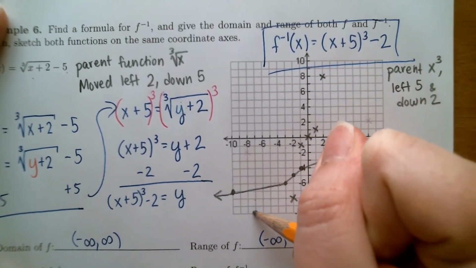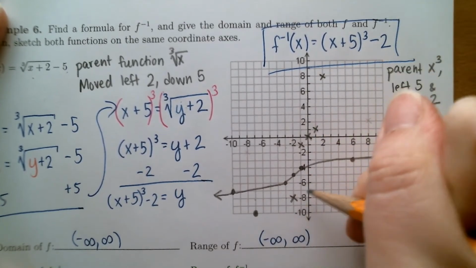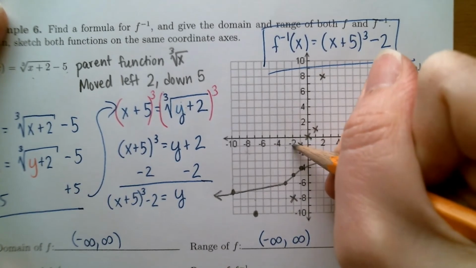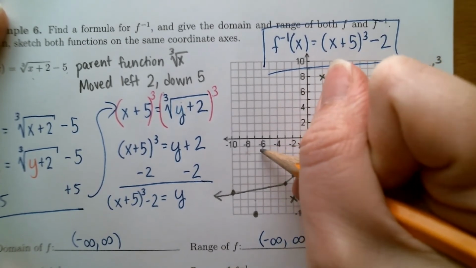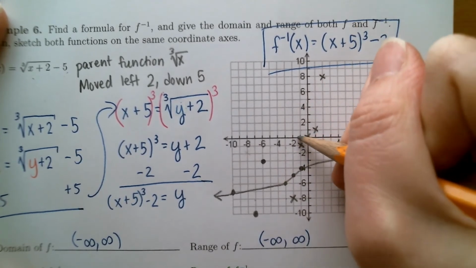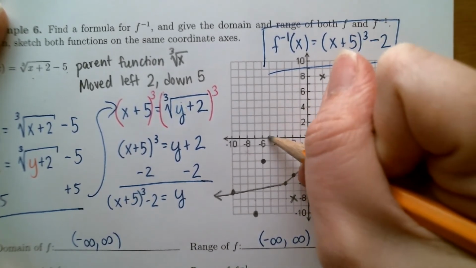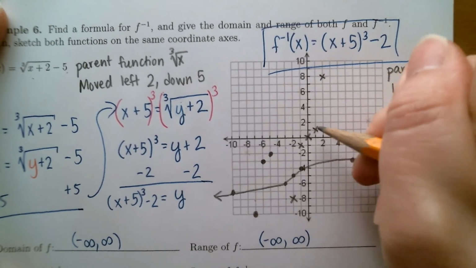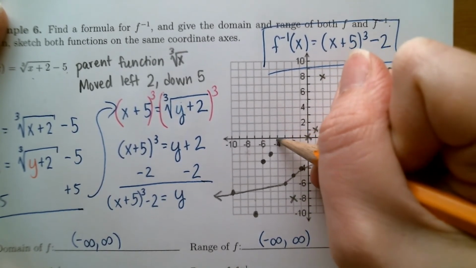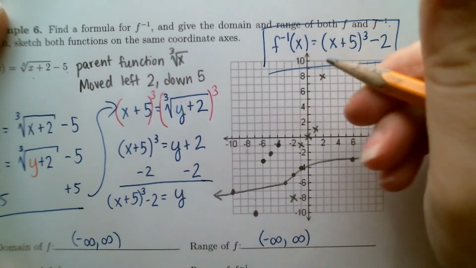Left 5, down 2. Left 5, down 2. Left 5, down 2. Left 5, down 2. One more.